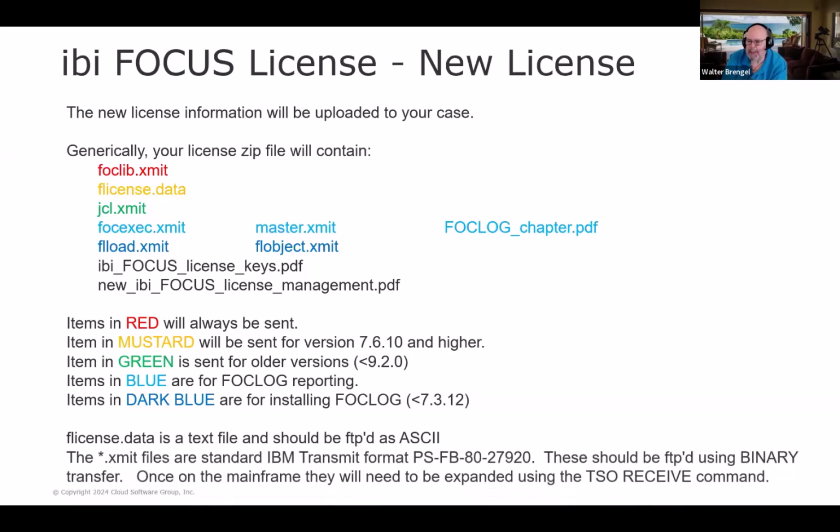And the XMITs are standard IBM transmit formats, which are sequential data sets, fixed block, 80 characters, and we create them with a block size of 27,920, but the block size doesn't really matter. These should be FTP'd using binary transfer, and then once you get them to the mainframe, you will need to run the TSO RECEIVE command on them to expand them.